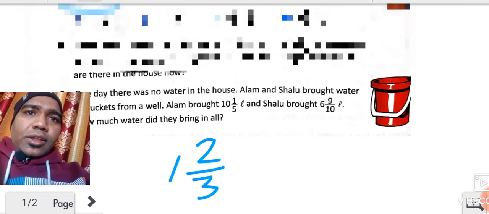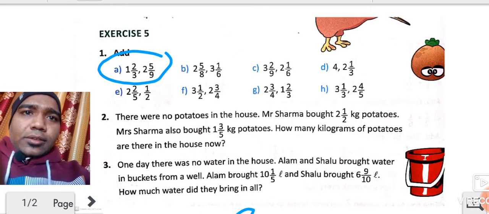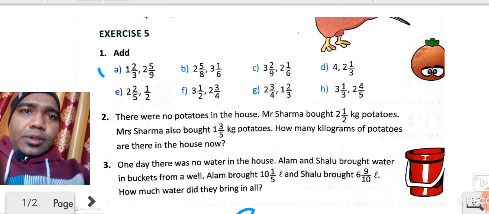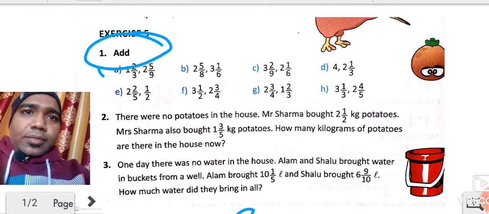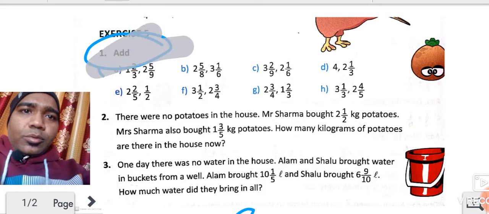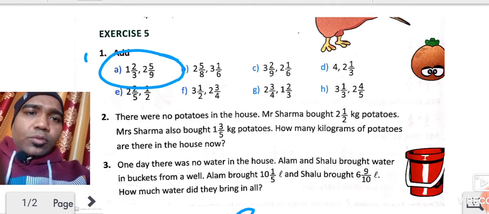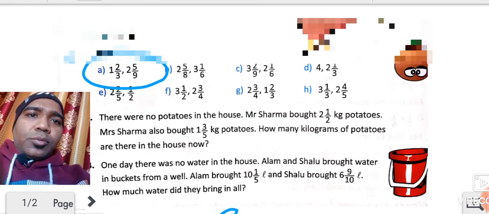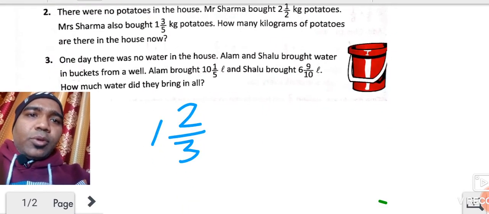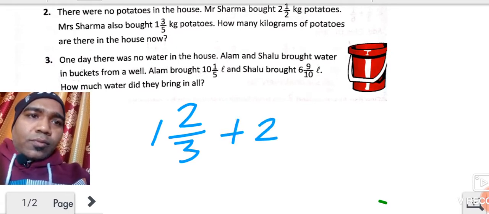We have to add. Can you see here? It's given add. That means we have to add both these, 1 whole 2 by 3 and 2 whole 5 by 9. Add means plus. So 1 whole 2 by 3 plus 2 whole 5 by 9.